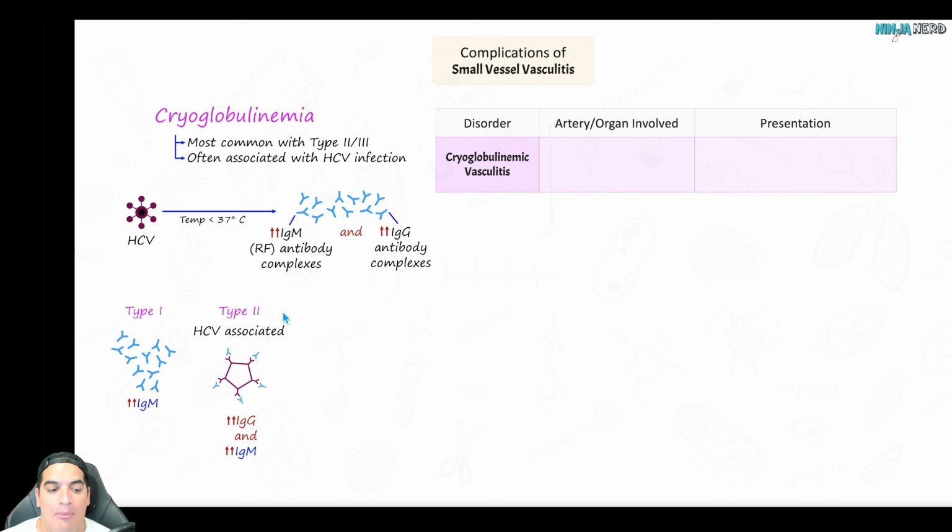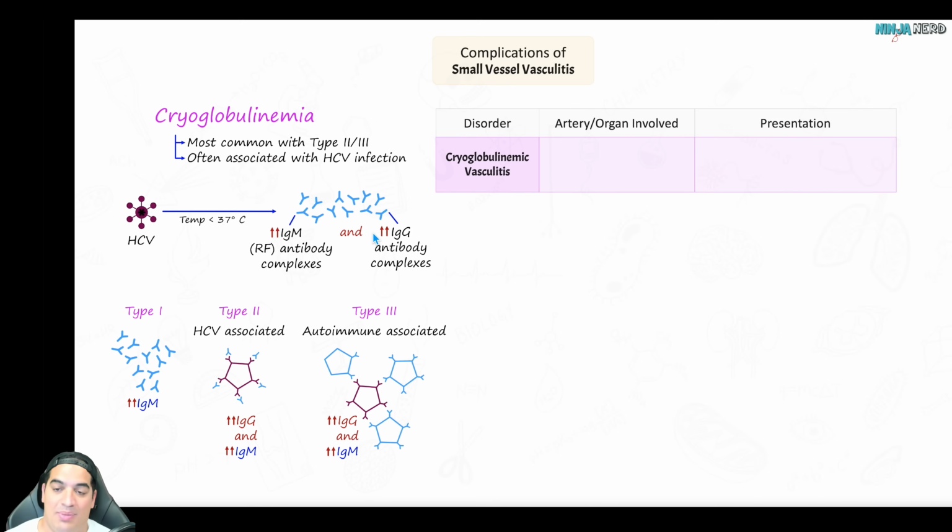This is the most common one that is associated with hepatitis C. And type 3 is you have polyclonal IgG and IgM antibodies that are complexing, and this is most commonly associated with autoimmune diseases. The big thing to remember, hepatitis C virus is associated. IgM and IgG antibodies are the primary antibodies that are precipitating the vasculitis, and it occurs oftentimes at lower temperatures.